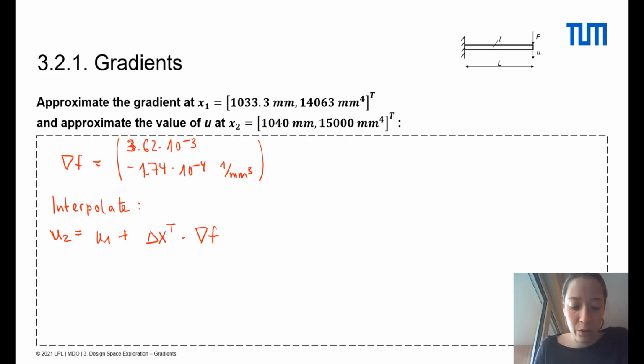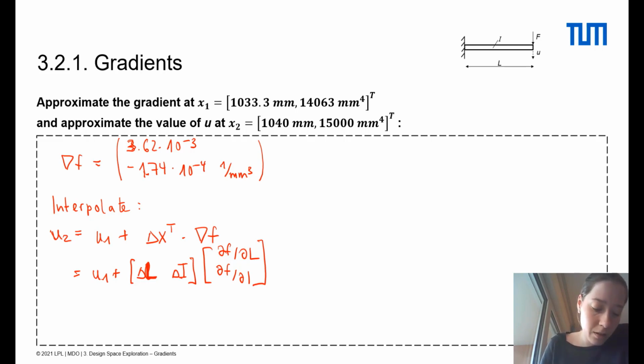So we have to go from u1 in the direction of the gradient, and we know how far, and that's from the delta. So if we write that down using the vectors, we have delta L and delta I, and then we got the two partial derivatives, dF over dL and dF over dI.